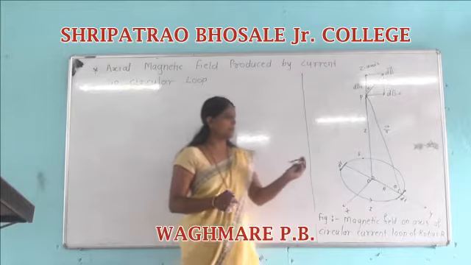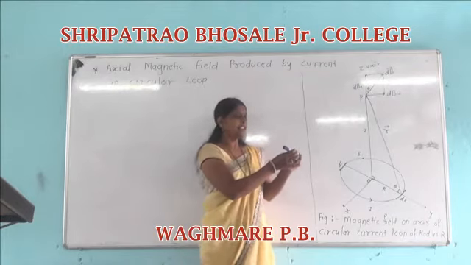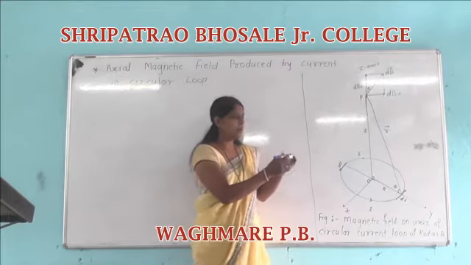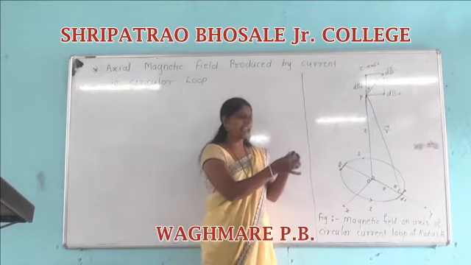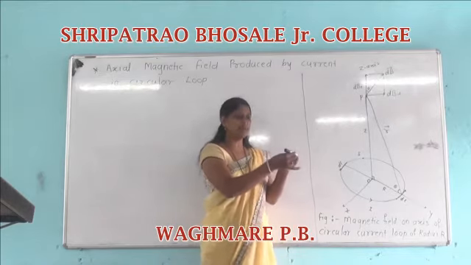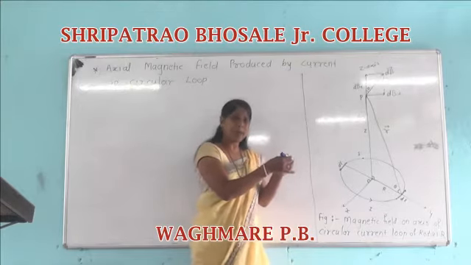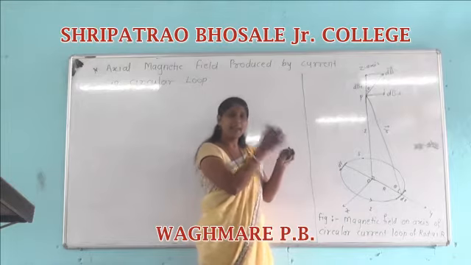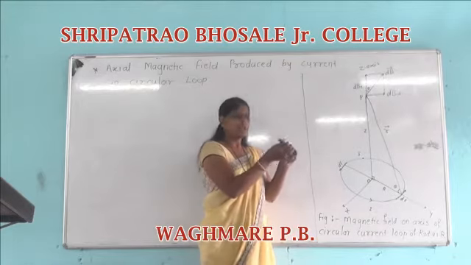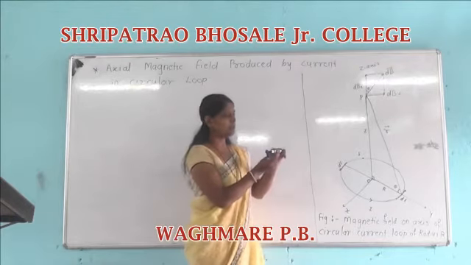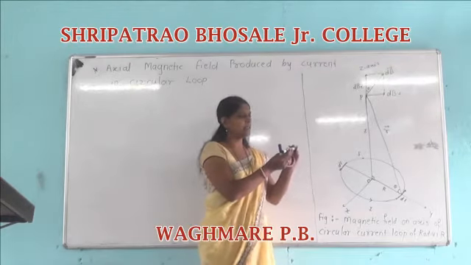This is the distance r of this dl from the point on the axis of this coil, and the magnetic field will be perpendicular to this small element as well as this r. Then we can find it like this.